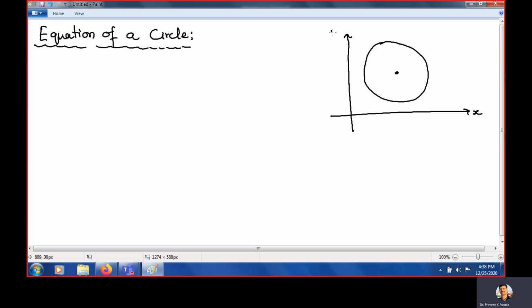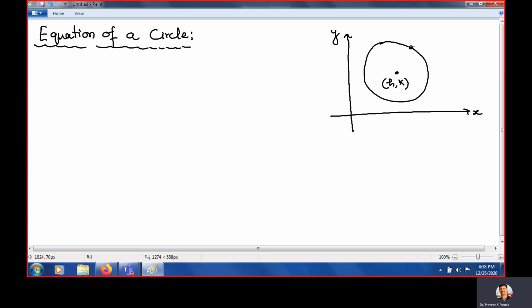In this lecture we will study the equation of a circle. What is a circle? If this is the circle and this is the fixed point, this is the x-axis, this is the y-axis, and the coordinate of this point is h comma k.